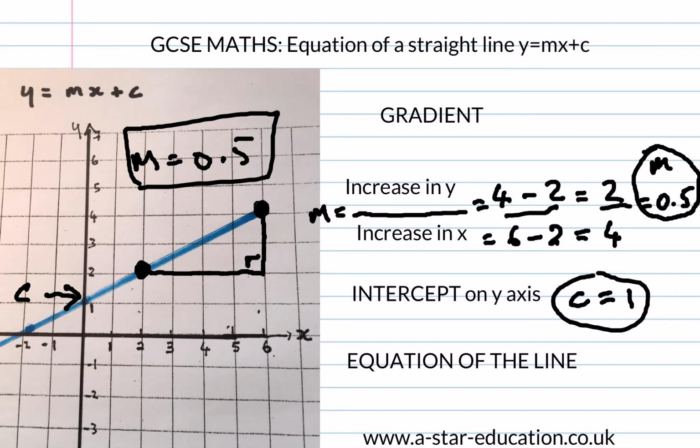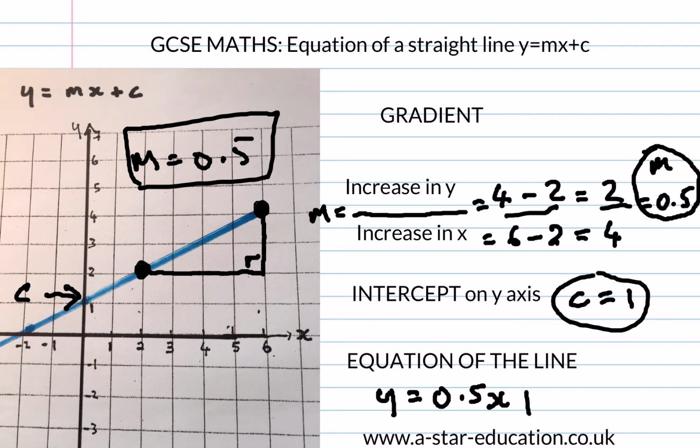So let's go ahead and write that down. The equation of the line just becomes y is equal to m, and our m value is 0.5. So we just write down 0.5, and then we write down the x.